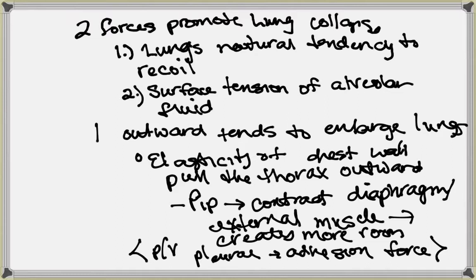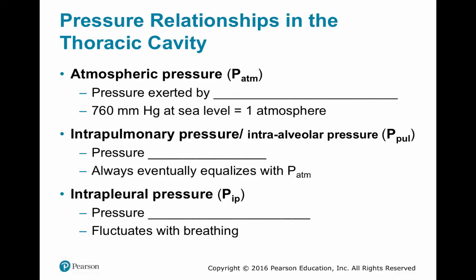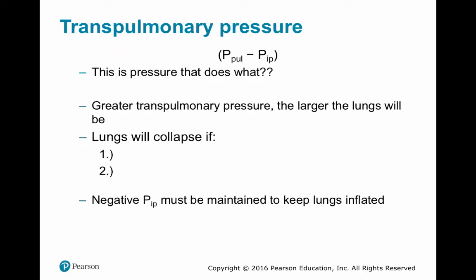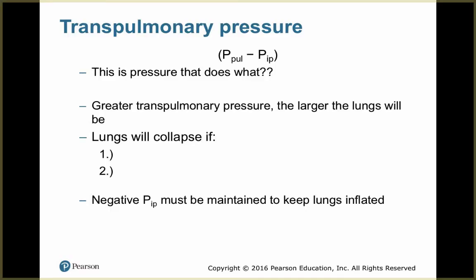Now, we can talk about transpulmonary pressure, which is essentially PPUL minus PIP. So when we're talking about this one, you're looking at the pressure in the alveoli minus the pressure in the pleural cavity.